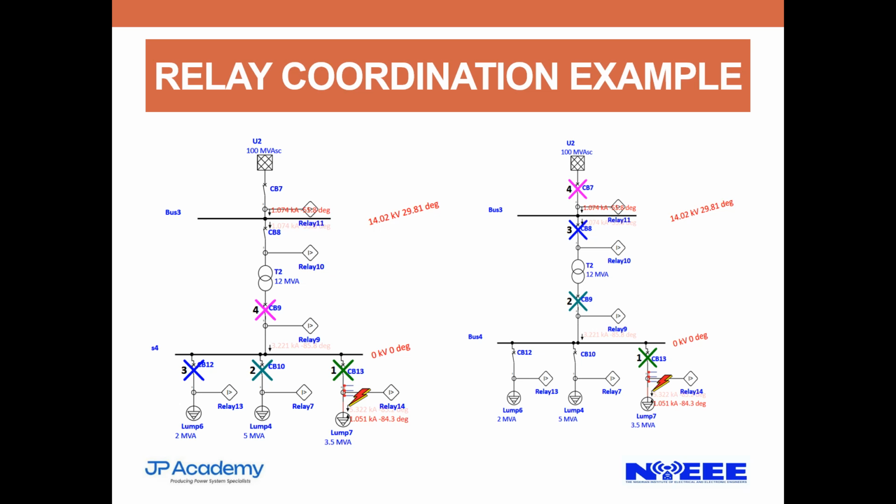In respect of diagram number two, there are breakers CB13, CB9 and CB8. If CB13 fails to operate, we expect that CB9 should operate as a backup to CB13, but they should not operate simultaneously.